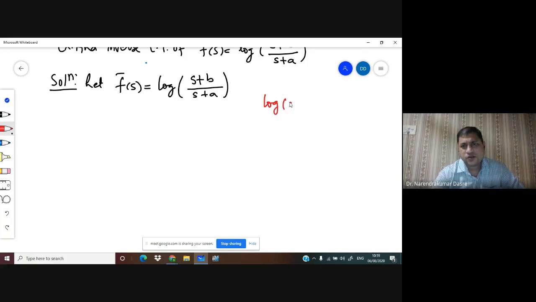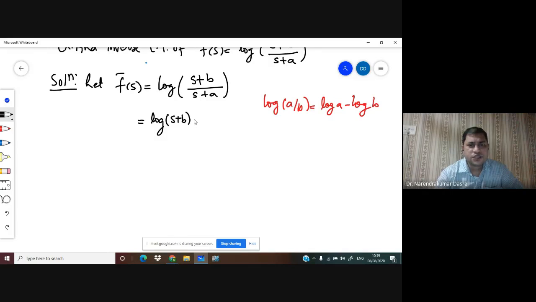What we know is log of a by b is equal to log of a minus log of b, and hence we can write this as log of s plus b minus log of s plus a, and this is your f bar of s.